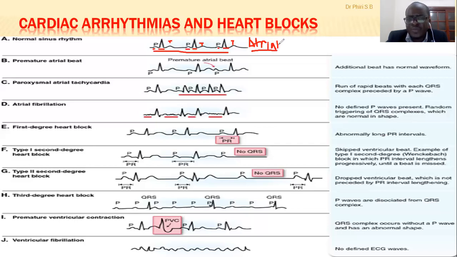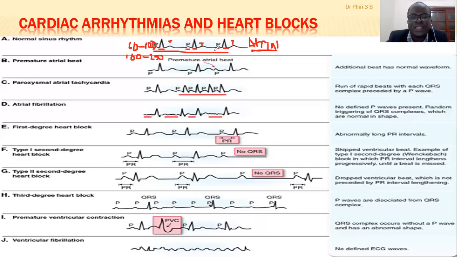If the atria are contracting at a rate between 60 to 100, it's called normal rhythm. But sometimes you find that the atria are contracting at a rate of between 100 to 250. So if it's 100 to 250, like we said, this will result in a tachycardia.